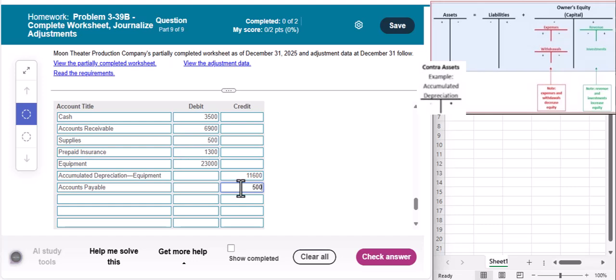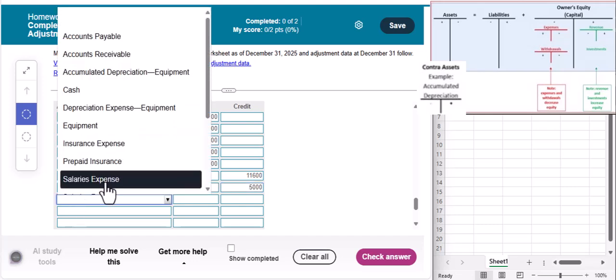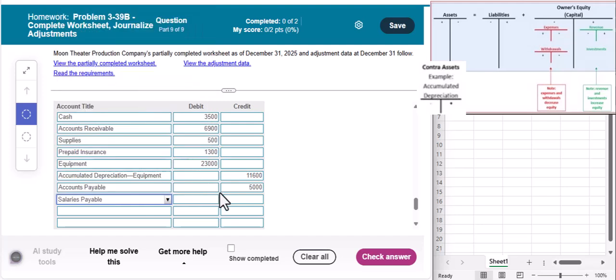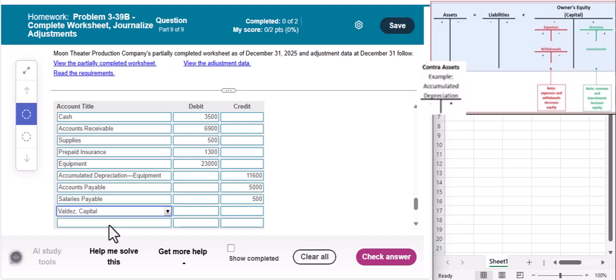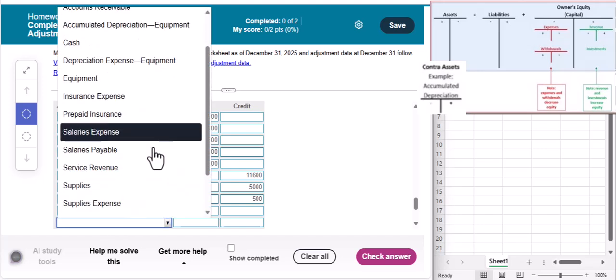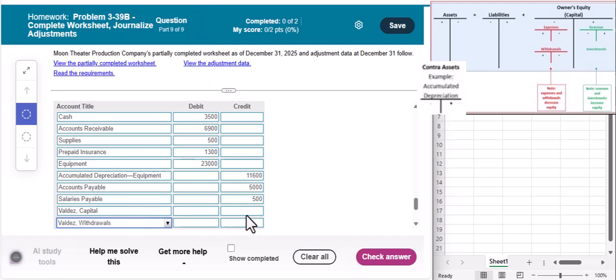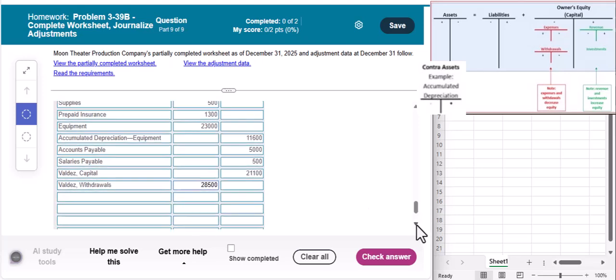Salaries payable, 500, and then we have capital, Valdez capital, Valdez withdrawals, but remember these ones have opposite side balances here. So we have the capital account, which has a balance of $21,100 on the credit side. However, withdrawals, the normal balance sits on the debit side. So keep that in mind. 28,500 is the balance on the debit side for the withdrawals.